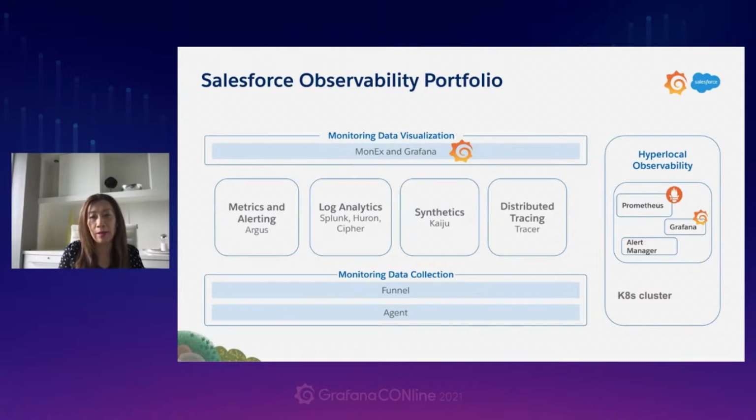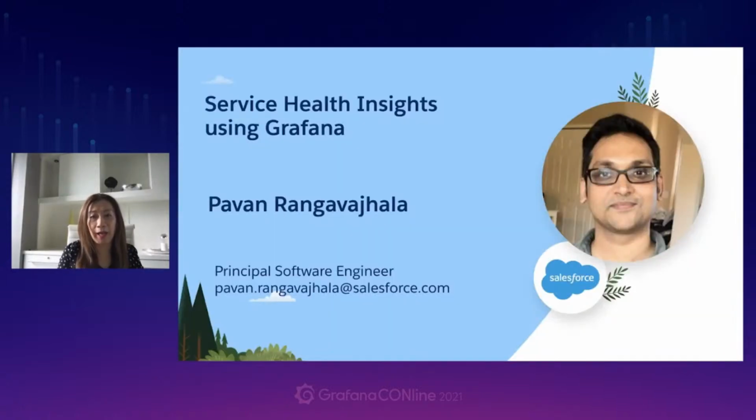What you can see here is a hyperlocal solution with Prometheus, Alert Manager, and Grafana dashboards. Sanjana will be doing a deep dive in this space and will show you exactly how we have done it.